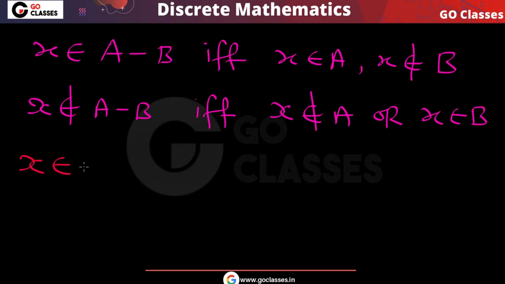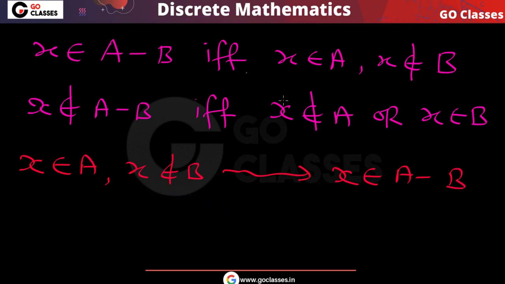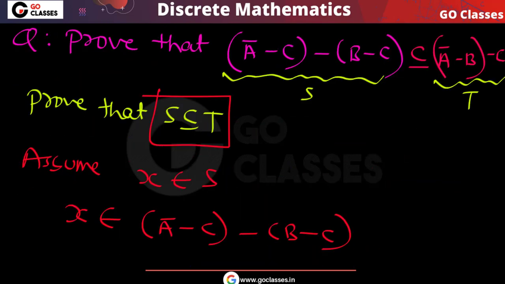Similarly, if you already know that x is in A, x is not in B, then I can say that x is in A minus B. All these facts we have already seen in the last video. You can watch the last video. The last video is very important. Understand everything that I have explained in the last video. Understand the set operations, and then you can solve these questions very easily, because all the concepts that we have seen in the last video we are using here.